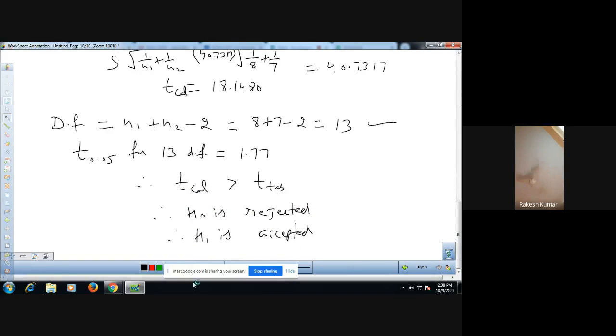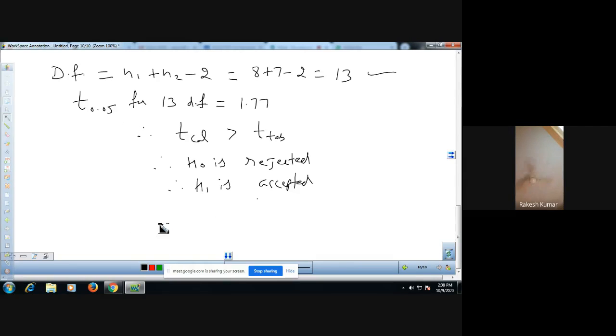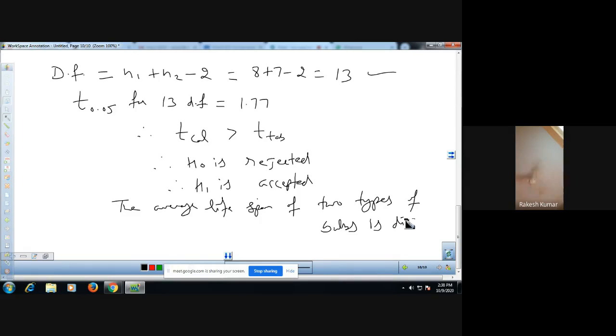It means the bulbs have different average life. So you can conclude in writing that the average life span of two types of bulbs is different. So this is the final conclusion, and this is the case of two samples.